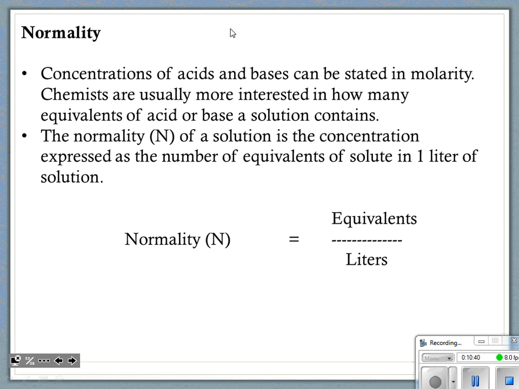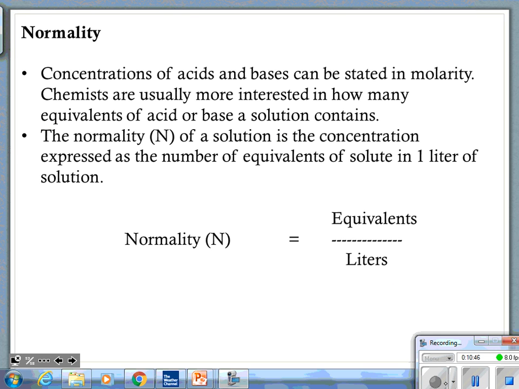Now that brings us to this guy right here, the normality. So when we're looking at normality, it is based on the molarity. We know that concentrations that we are dealing with here in chemistry are usually talked about in terms of their molarity.